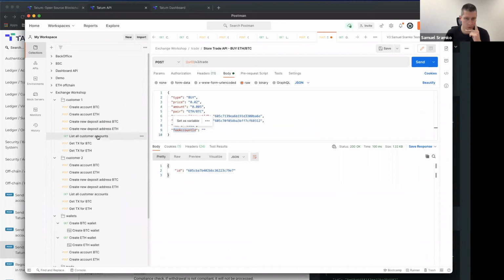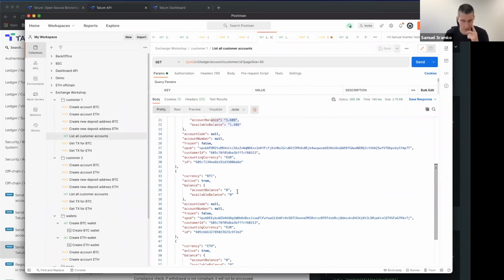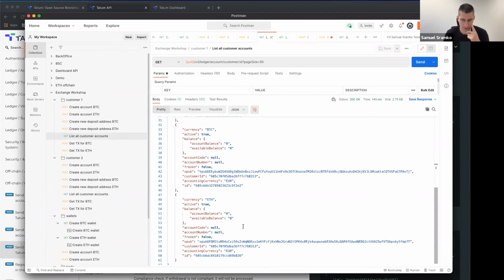So we will just use some accounts we have created, which are empty right now. The fee account is always in the main account currency, so the first one. We'll use the Ethereum one for that.